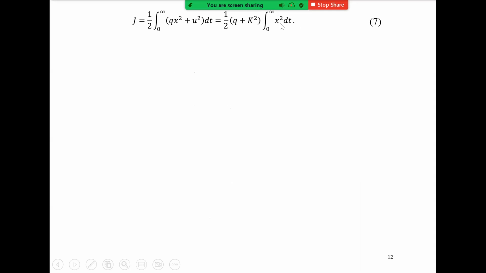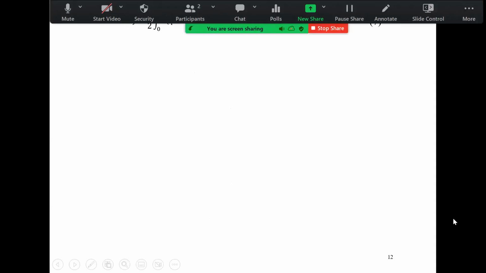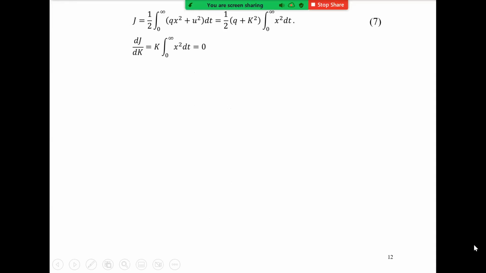This is the expression of the cost function in terms of k. Then let's just take the derivative. The derivative of k squared is 2k, the 2 cancels out, and we have k. Q is a constant.